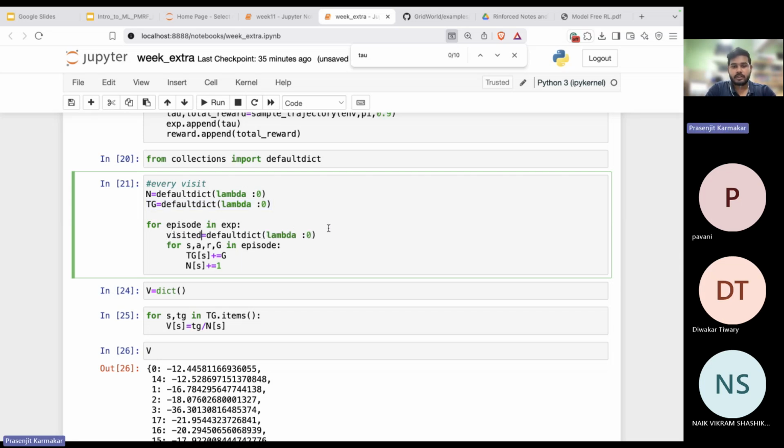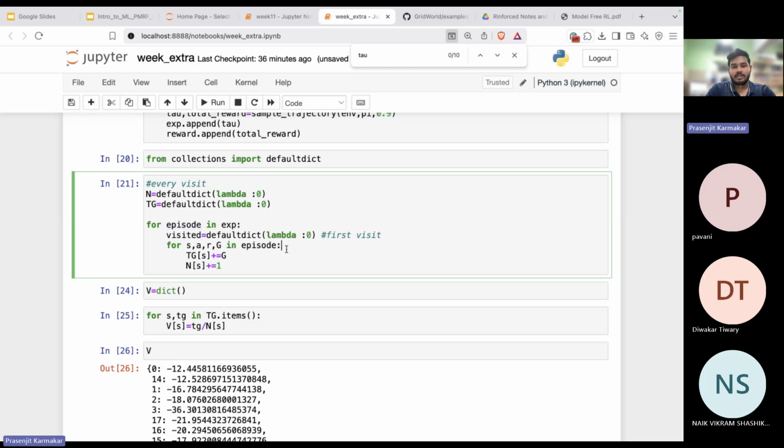This is for first visit. Visited is 0. So if I just query visited S, if it is not visited, that will return me 0. If it is visited, whenever I visit something, I will mark it as 1.